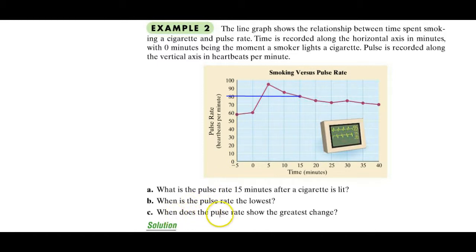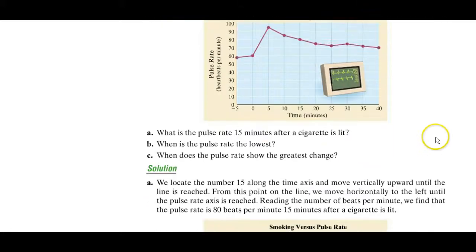When does the pulse rate show the greatest change? Okay, the greatest change would be right in there. Okay, so that's between 0 and 5. All right, let's take a look at what they're saying here.